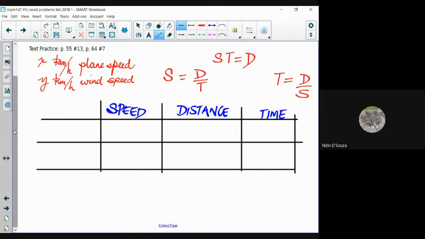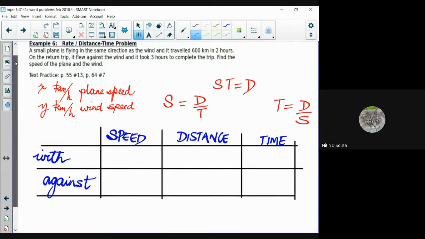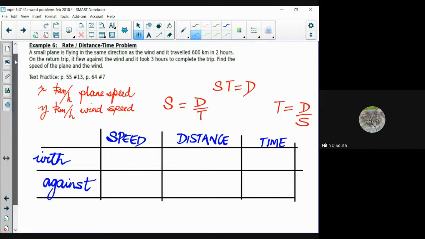So this is with the wind behind you, this is against the wind. So you have to understand what's happening here. That's why the chart kind of helps here. The speed of the plane when you're traveling with the wind and it's behind you, pushing you, helping you, your speed will be x plus y.